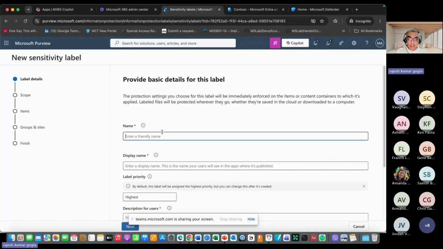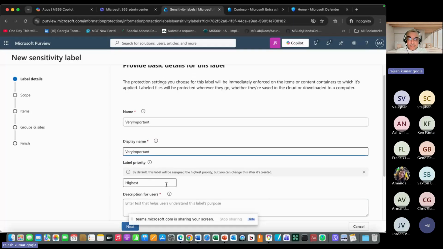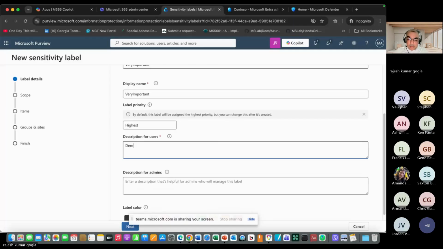So let's say, for example, okay, very important. I'm just giving a name itself. You can use any significant label name if you want to. This is just to showcase.